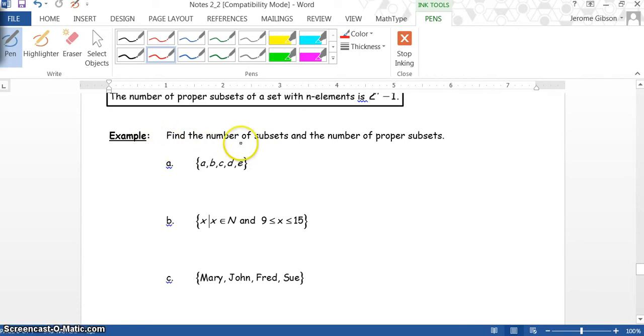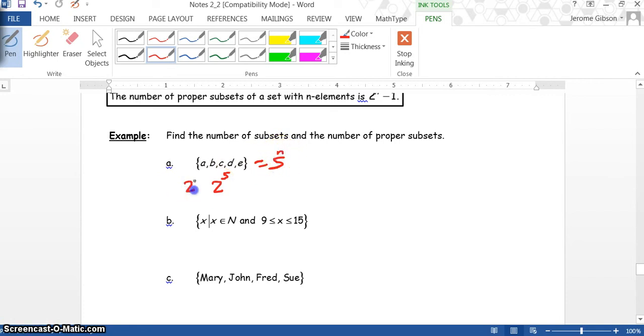It says, example, find the number of subsets and the number of proper subsets. So this is what we would do. First thing, we count how many elements we have. We have 5 elements. To find the number of subsets, we take 2 to the 5th power. Now remember, the number of elements is our n.